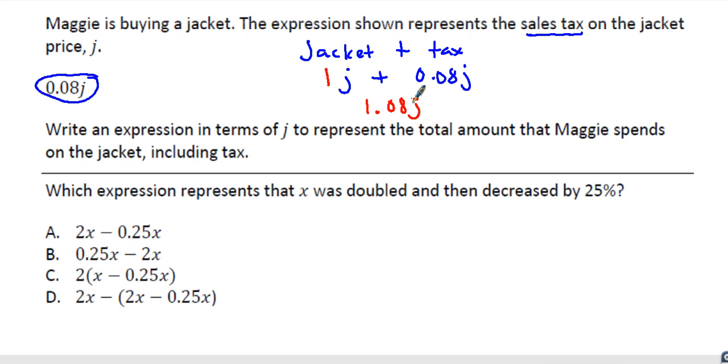I'm combining the like terms because they have the same variable. So I could have done it in either of these ways.